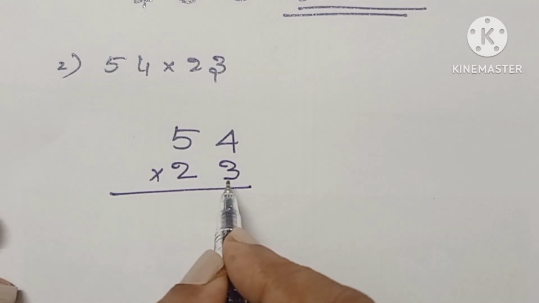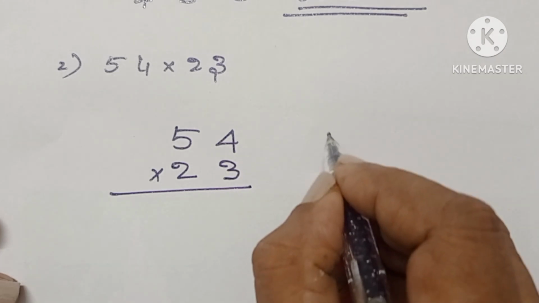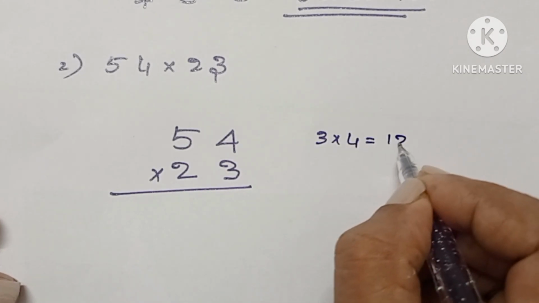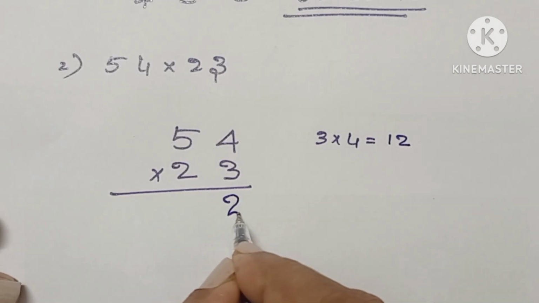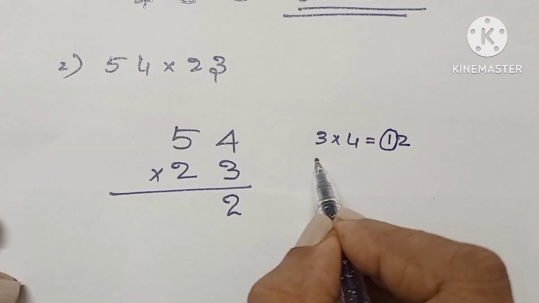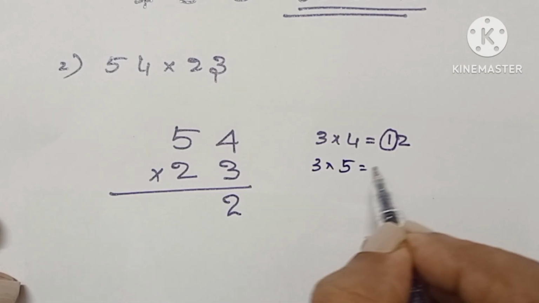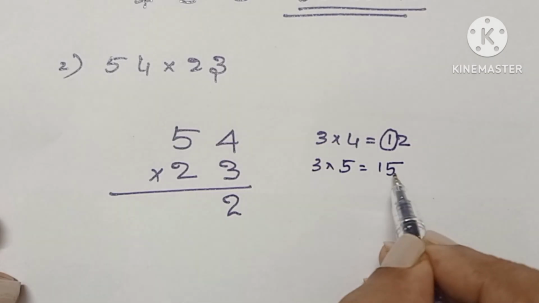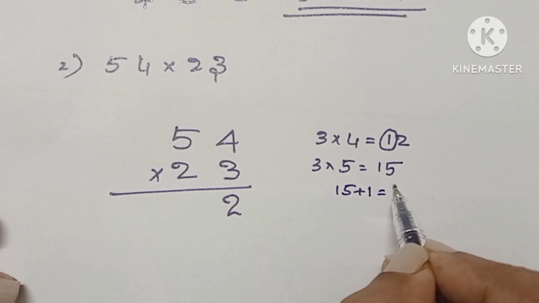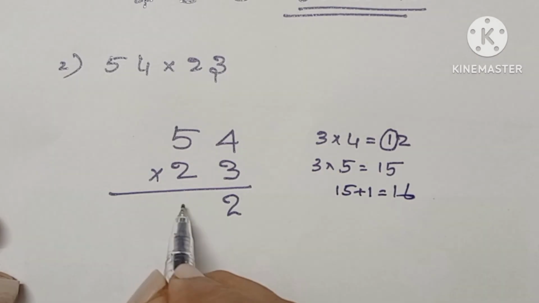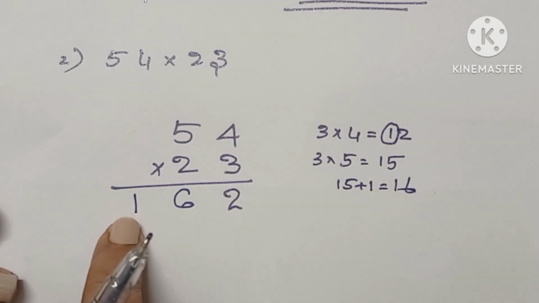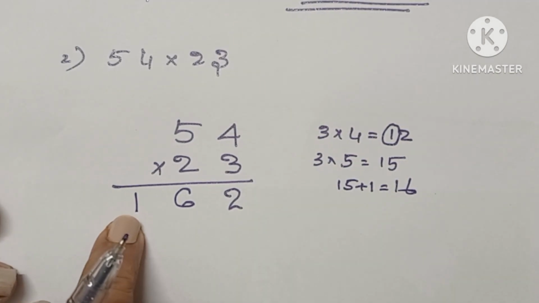First we are starting with the number 3. 3 into 4, 12. 2 we are writing. 1 is the carryover. 3 into 5, 15. 15 plus the carryover 1, 16. 16. 1 is now in the hundreds place.